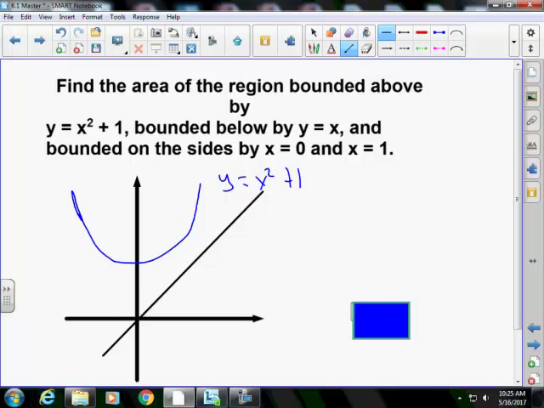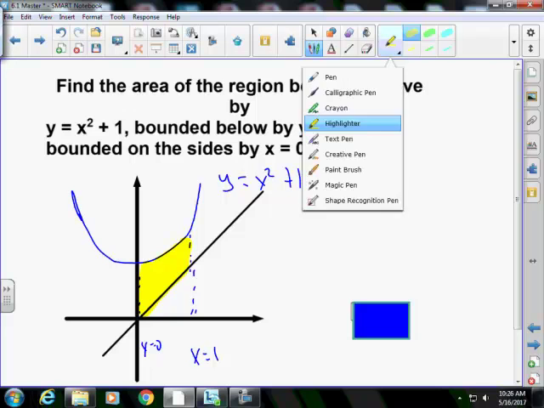We want the area bounded between the two from x equals 0 to x equals 1. So we're just going to call this line here x equals 1, and this line x equals 0. So we want that area, but we only want the area, like I said, between the two. So we want just this area in yellow. We don't want the white space.